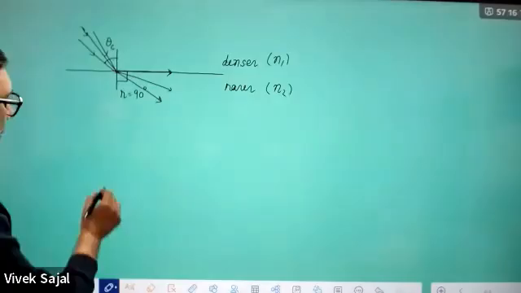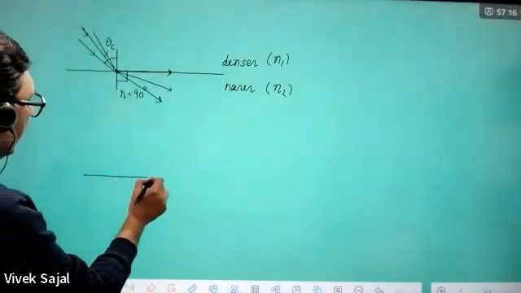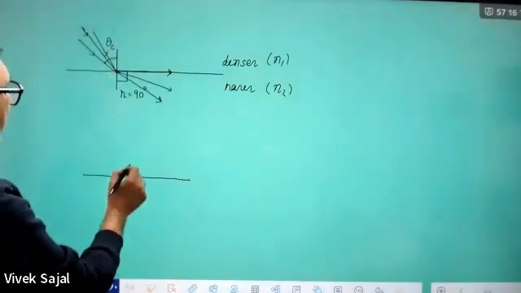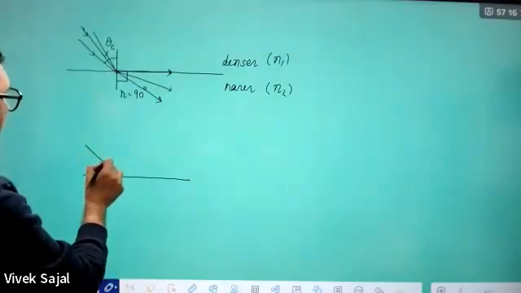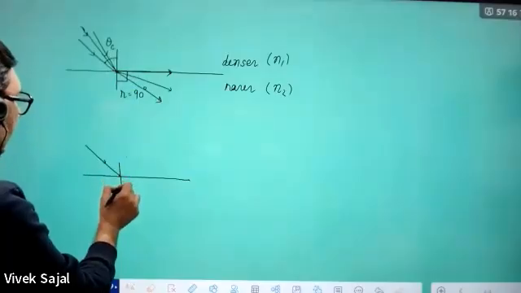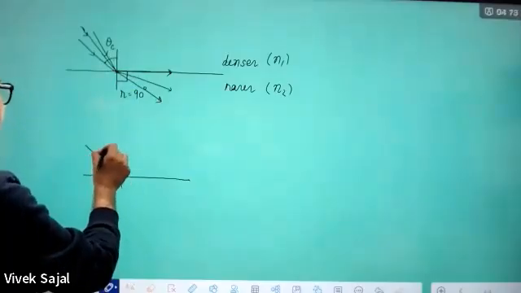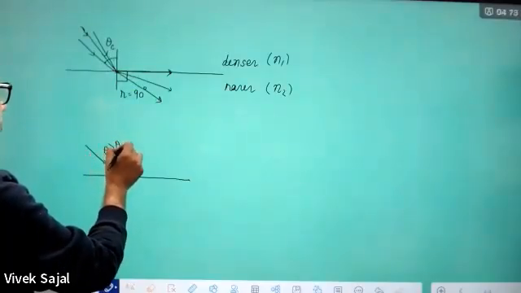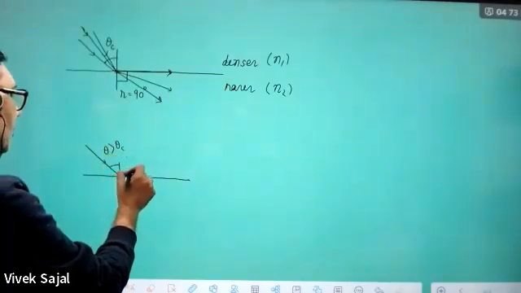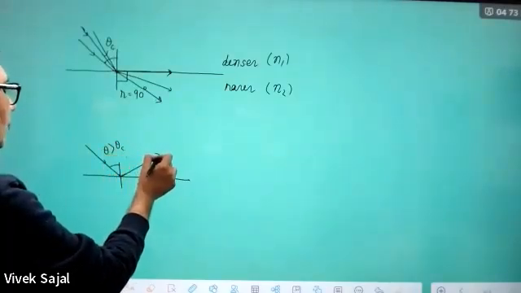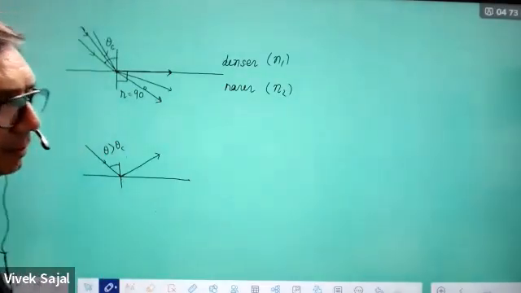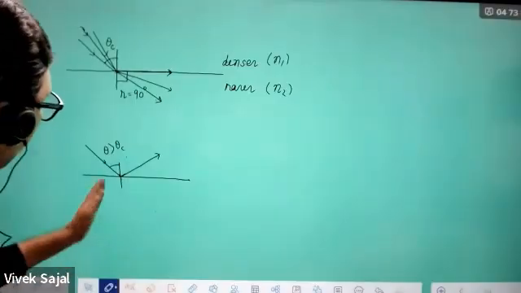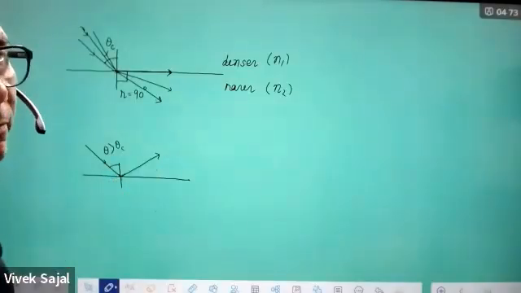Now, if you launch the light at an angle greater than theta c, what will happen? You are going to have only the reflected part. There will not be any transmitted part.